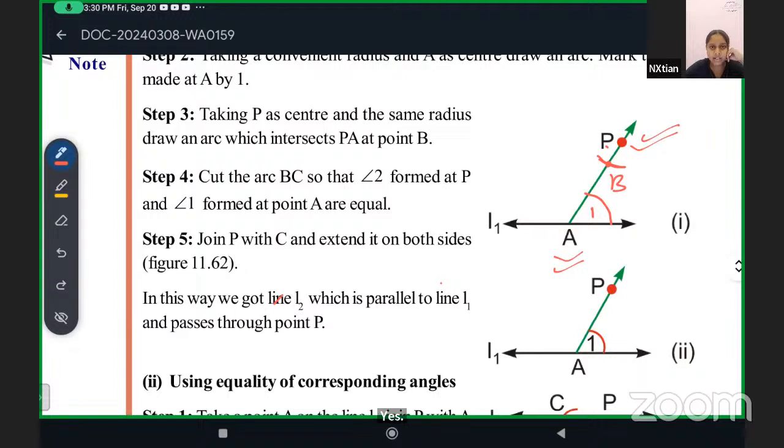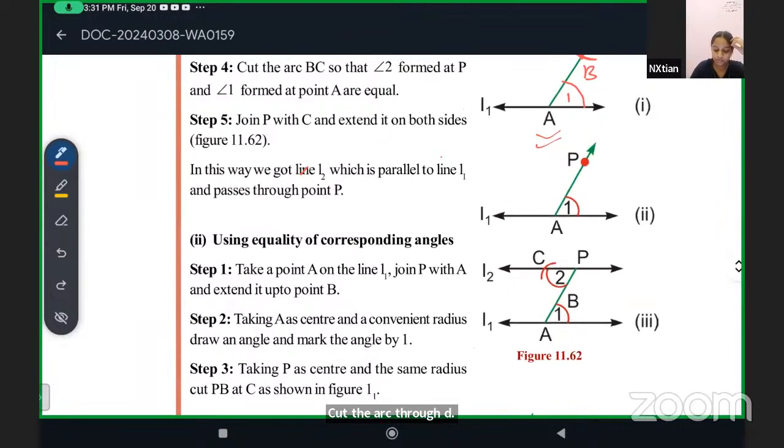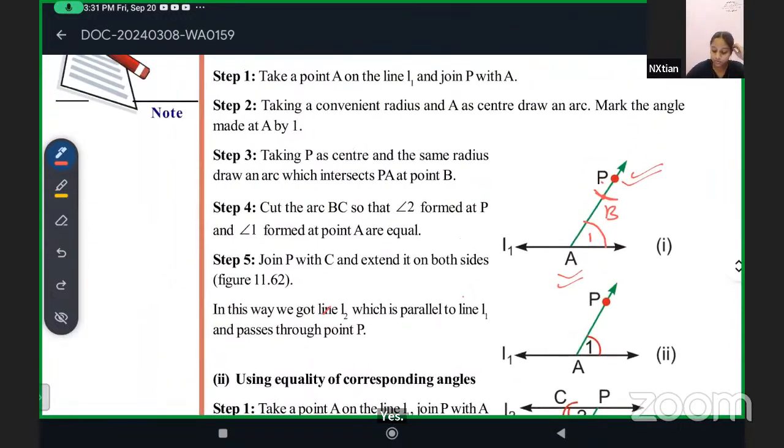Cut the arc through B, which intersects PA at point B. Cut the arc BC so that angle 2 formed at P and angle 1 formed at point A are equal.